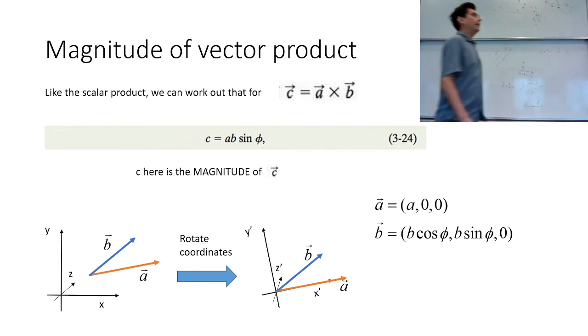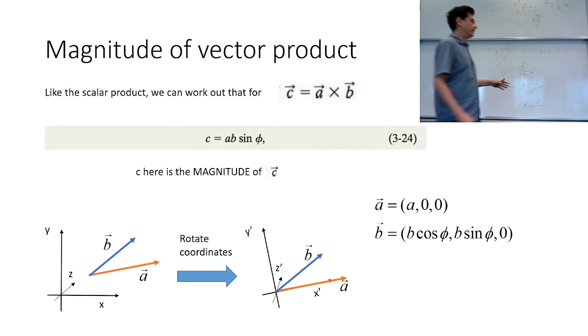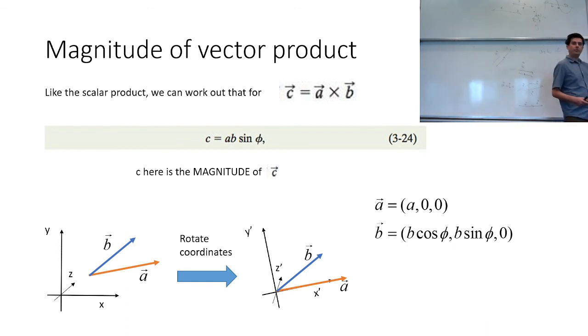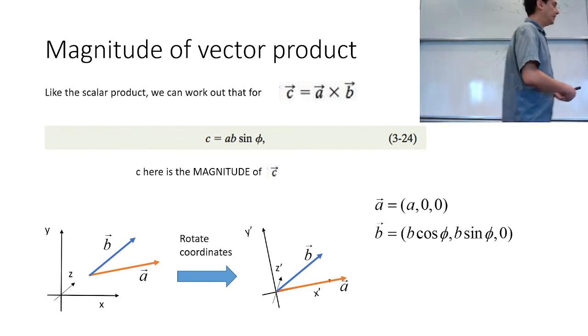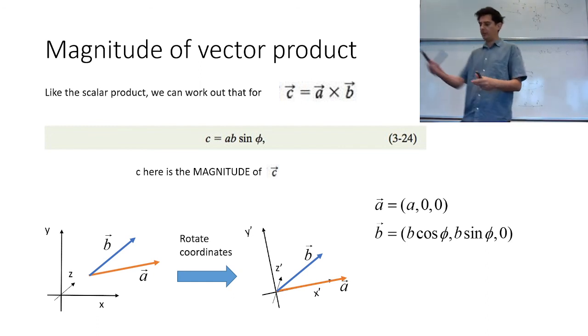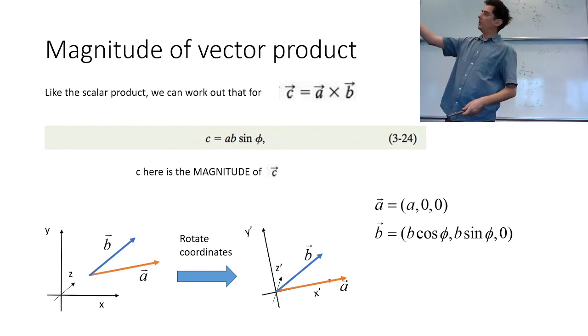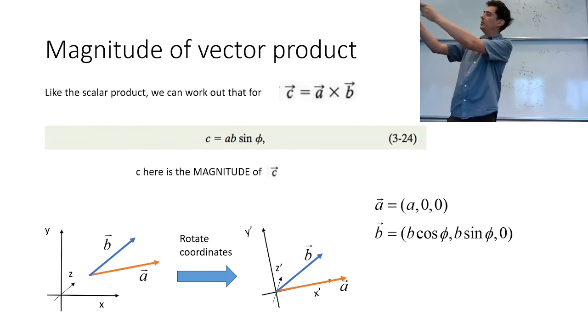Also, this is a three-dimensional problem, so I've drawn it conveniently on a plane here. But if you have a general situation where these are pointing in some funny direction like this, you look at these two vectors, and then you have to imagine the plane between them, and it's the angle in that plane.